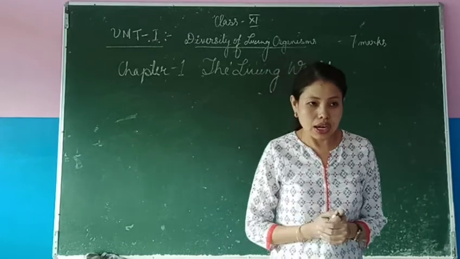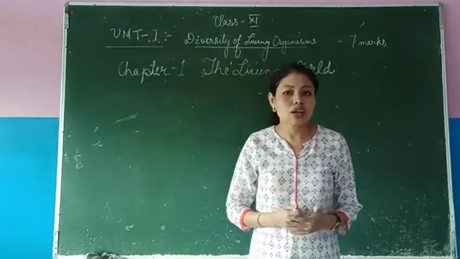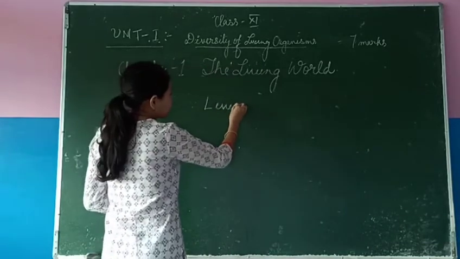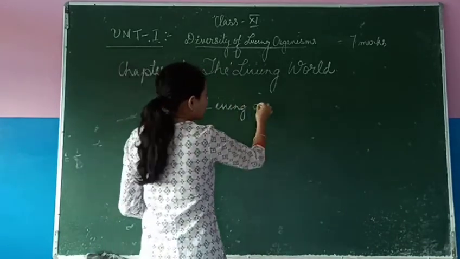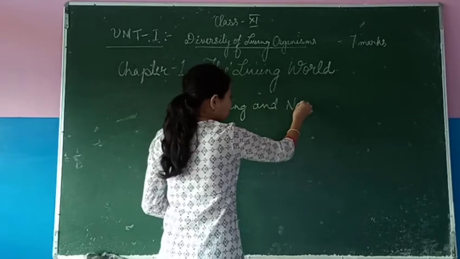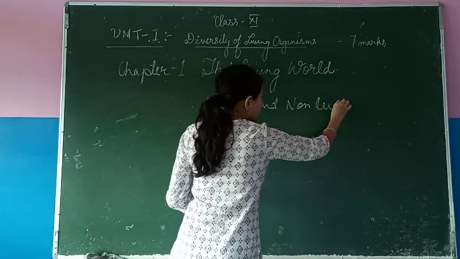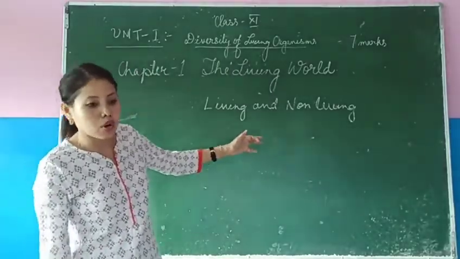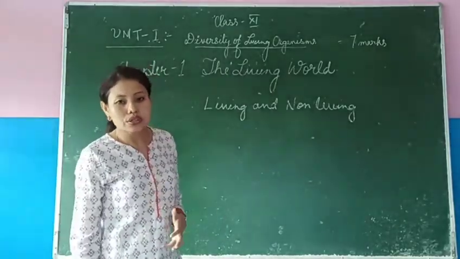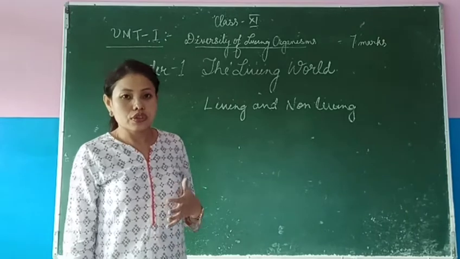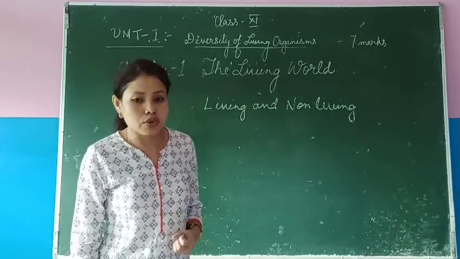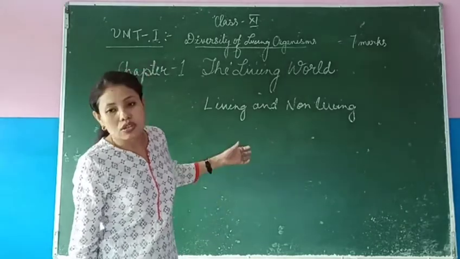in our junior classes. In our junior classes we have learned about living and non-living. We learned that living organisms or living things are those which can move around, which need food, which undergo the process of respiration, and which show excretion.